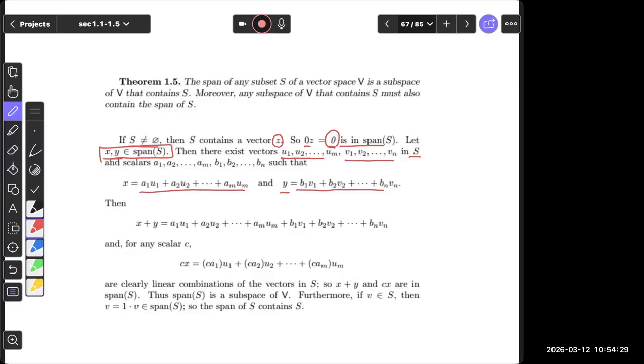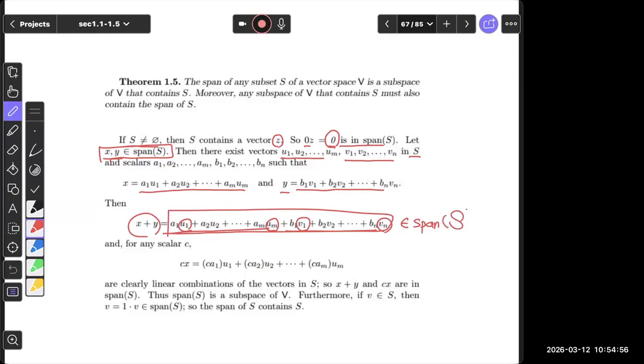Then when I add x and y, you get the sum of these vectors. Since u1 up to um and v1 up to vn are all assumed to be vectors in S, this is a linear combination of the vectors in S. So this is in the span of S.